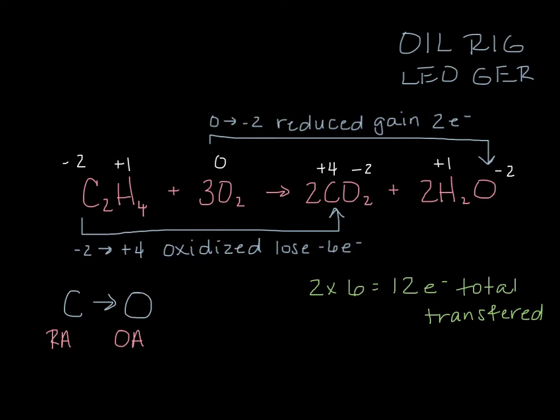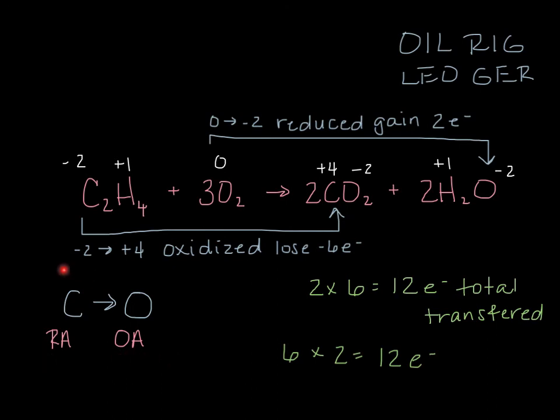So 6 oxygens times the 2 electrons gained equals 12. So all of our oxygens together are going to gain a total of 12 electrons. So we're going to have 12 electrons transferred from all of our carbons to all of our oxygens.